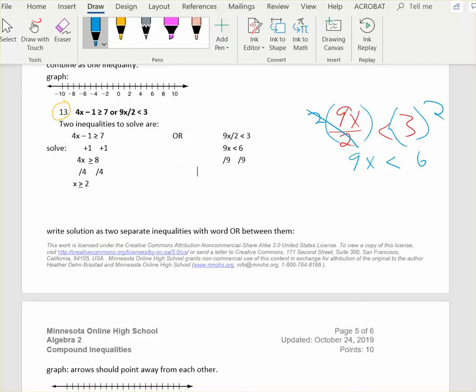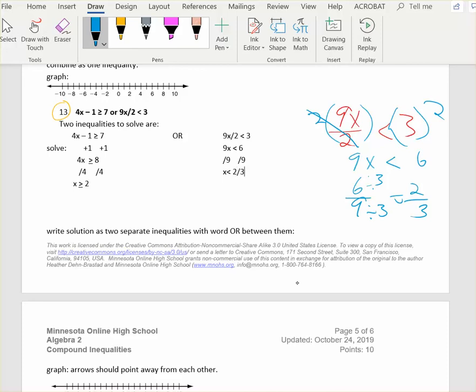And be careful here, you're going to take 6 divided by 9. Now you can get a decimal if you want. You can divide that with your calculator, or you can simplify the fraction. I could divide both of these by 3, and I would be left with 2/3. So the answer is 2/3.